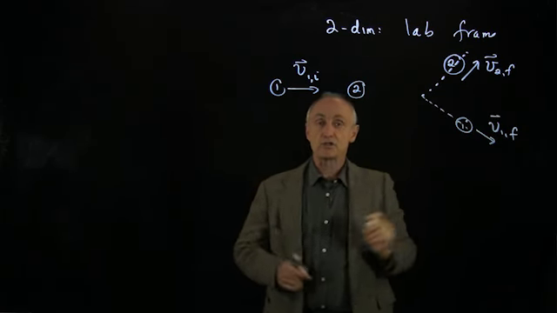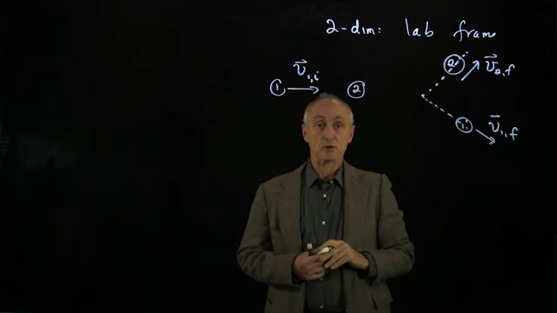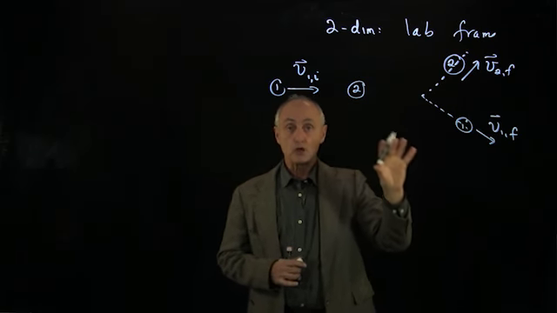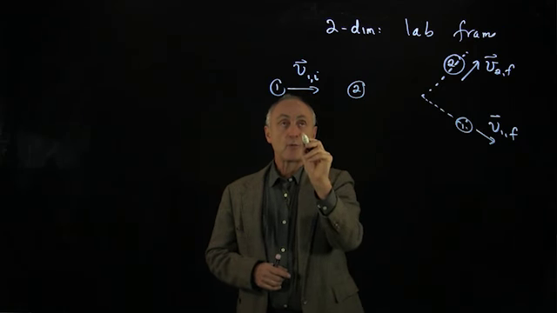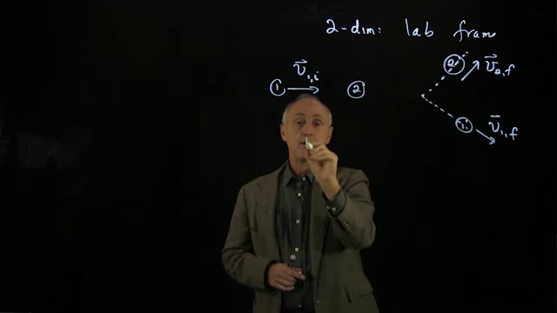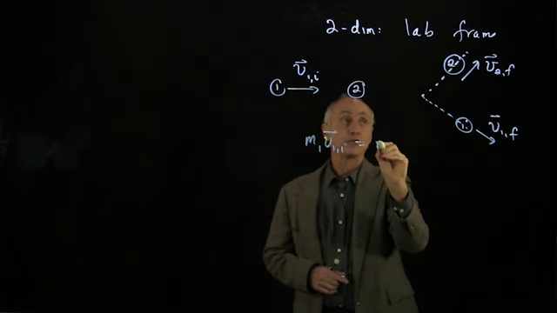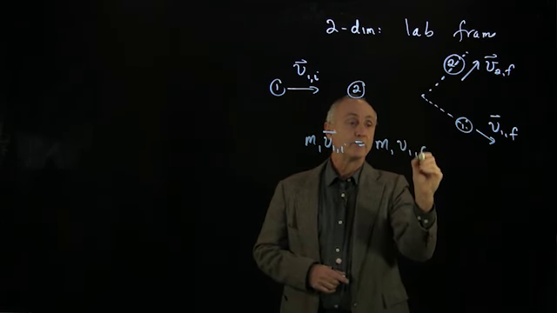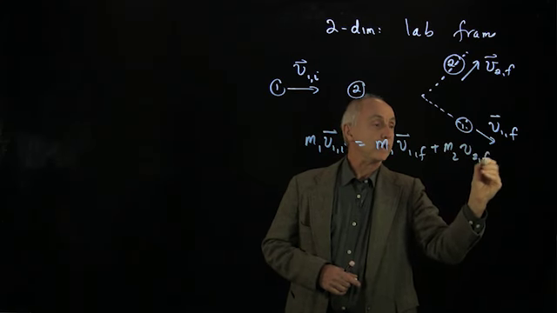Now, in this collision, we want to ask ourselves first, what quantities are constants of the motion? Well, let's assume no external forces, therefore momentum is constant. And we can write our momentum equation as m1 v1 initial equals m1 v1 final plus m2 v2 final.